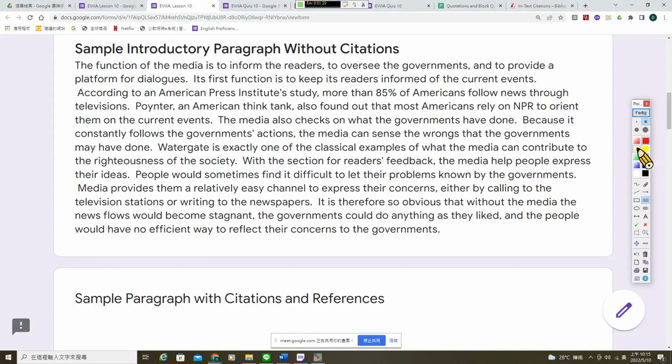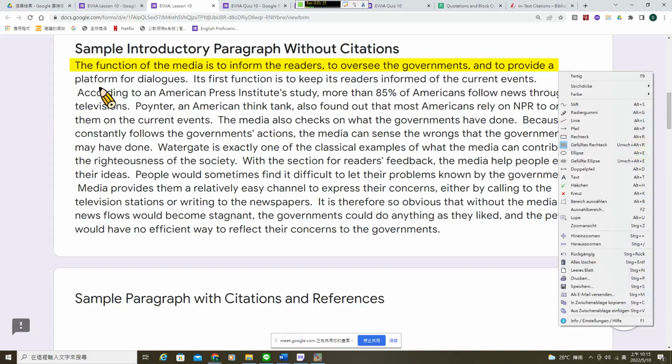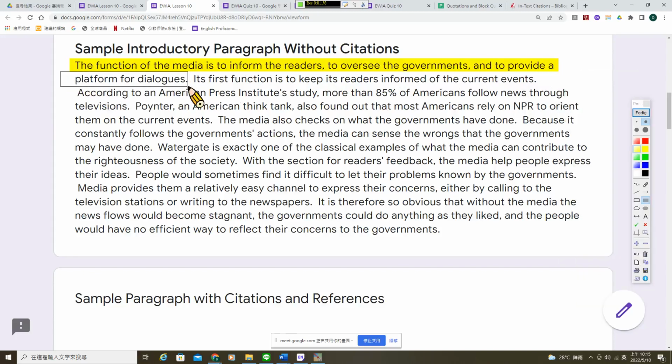This one, of course, is the topic sentence. Is that right? So basically, we have 3 functions. The function of the media is to inform the readers, to oversee the governments, and to provide a platform for dialogues. Is that right?